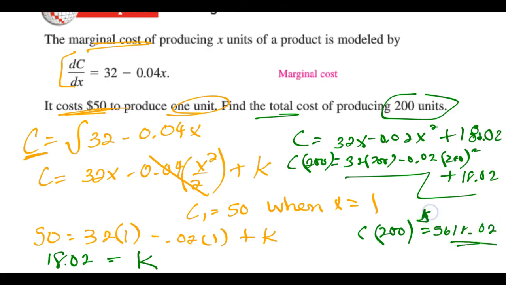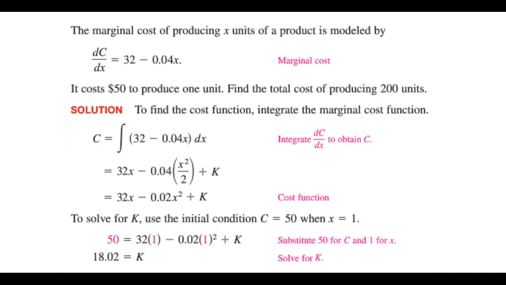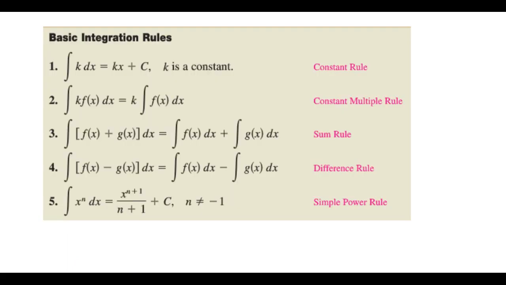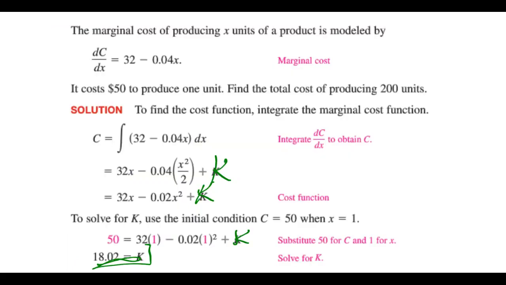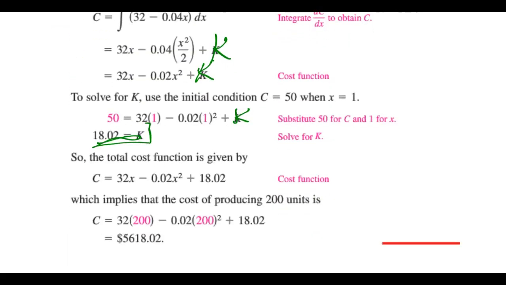You can enjoy the number crunching. So again, oh good, the author used a k as well for their constant, and they got 18.02. That's good. And then what did they do? Yeah, they got the same thing. They let x be 200 and solved for c.